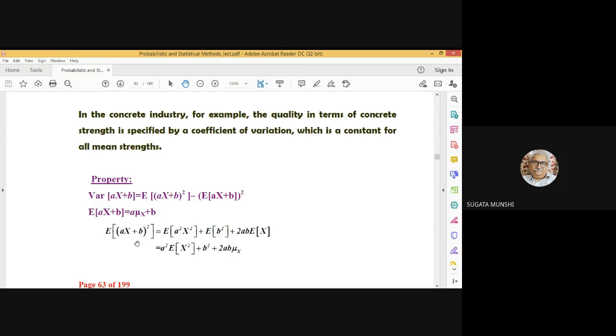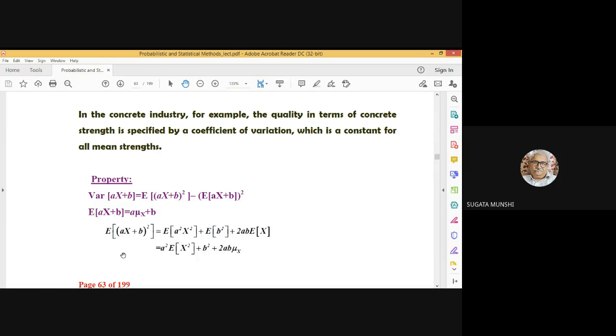If you break up this squared term, you will have a square x square plus twice ab x plus b squared. So if you operate on it by the expectation operator, expectation of a square x squared plus expectation of b squared plus twice ab expectation of x. A square is a constant that can be taken out. A square into mean square value of x, plus b square is a constant, its expectation will be b squared, plus twice ab expectation of x, which is mu x.